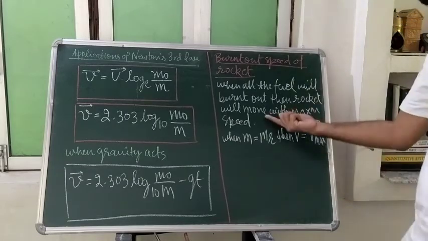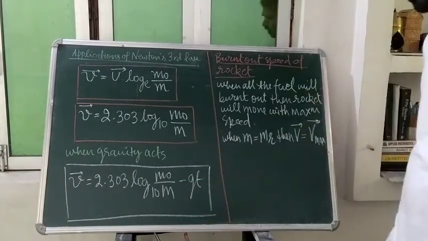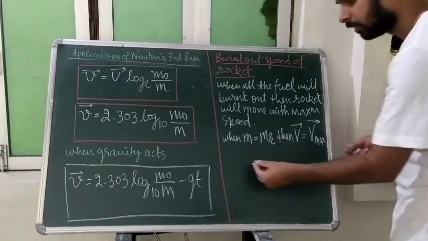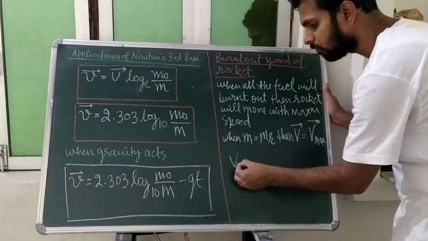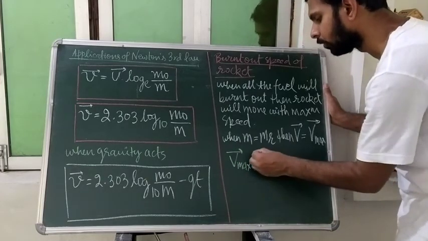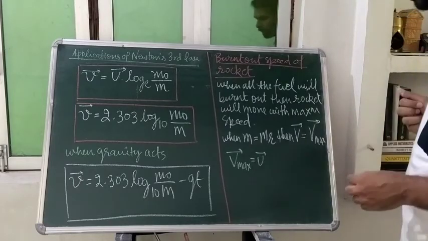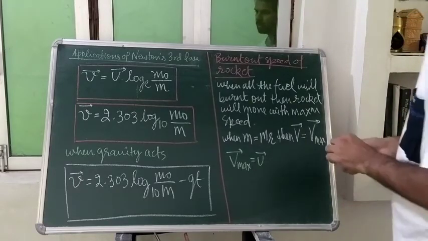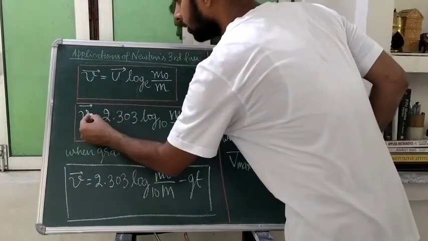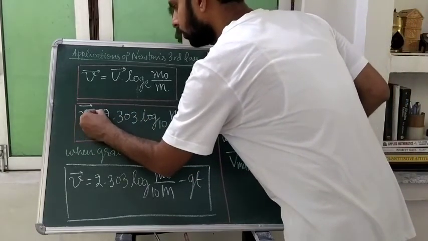Velocity, you can say speed in a particular direction, will become velocity, and the expression of that you will get, student, that v max will be equal to u. Sorry, here this will be equal to u times.